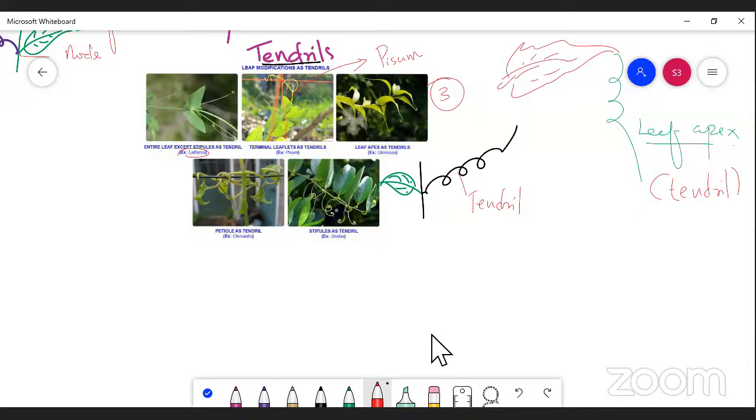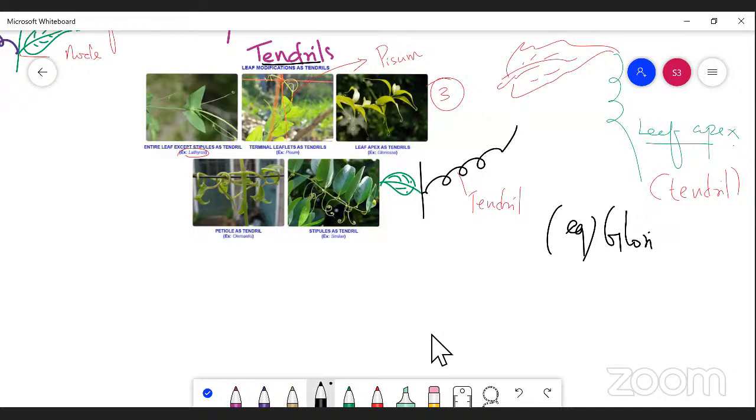So, my dear student, the leaf apex is modified into a coil-like structure. Such a modification is found in Gloriosa superba. I am giving Gloriosa as the example for the leaf apex modified into a coil-like structure.